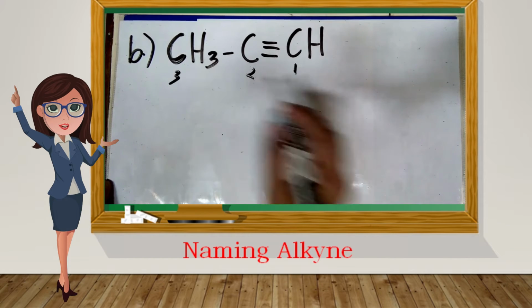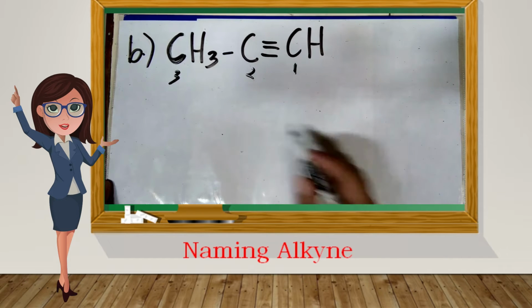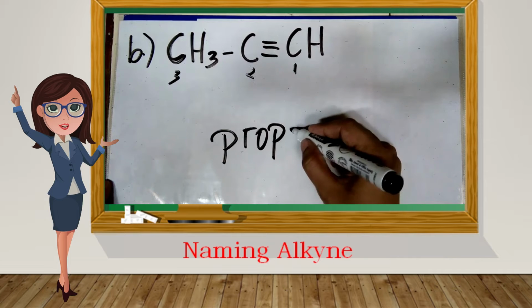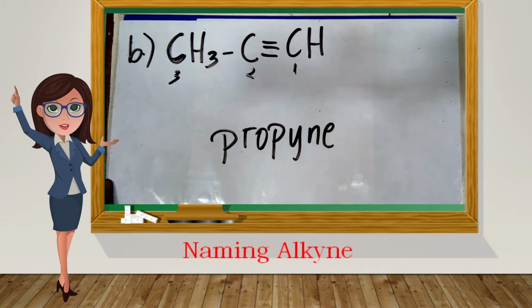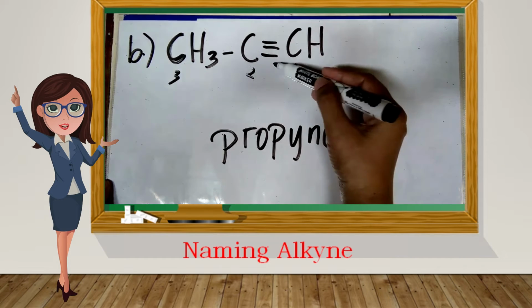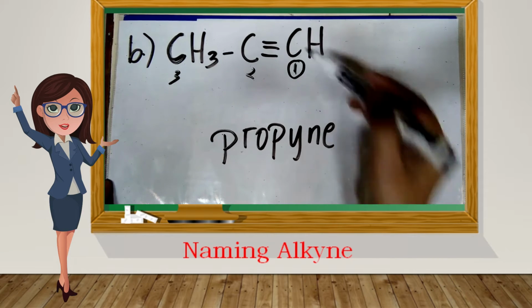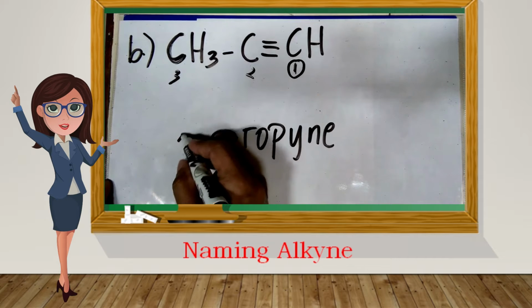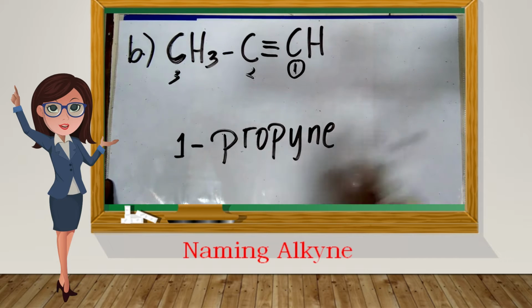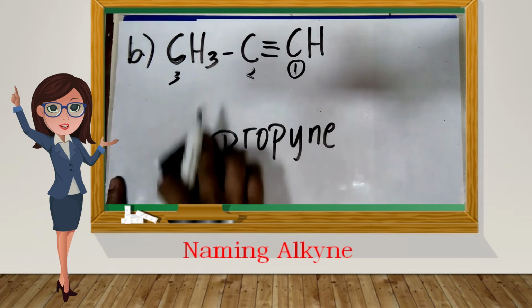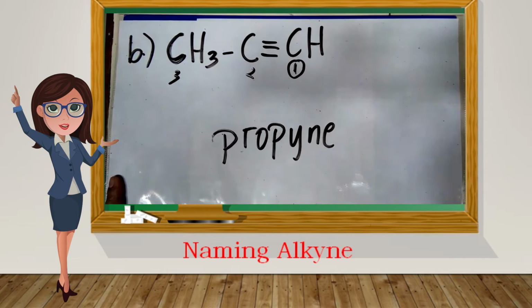Since this structure contains 3 carbon atoms, the stem is prop, plus the -yne of an alkyne, so that is propyne. The triple bond here starts at carbon 1, so it is 1-propyne, or we can simply leave out the number and call it propyne.